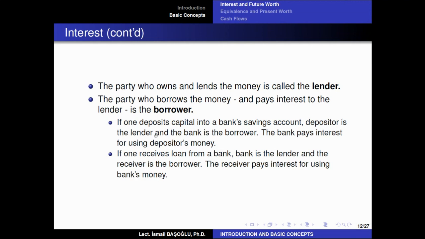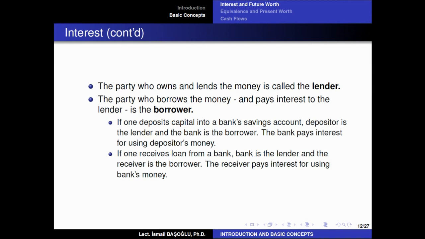If one deposits capital into a bank savings account, the depositor is the lender and the bank is the borrower. The bank pays interest for using the depositor's money. So if you have some cash, and you want to gain some interest out of it because you do not have any alternative investment opportunities at that moment, then you can invest that money into a savings account, and the bank is going to pay some interest because they are going to use your money for other investments.